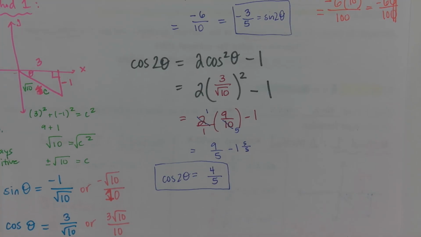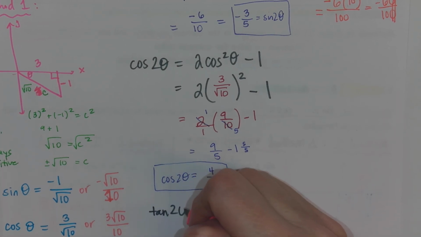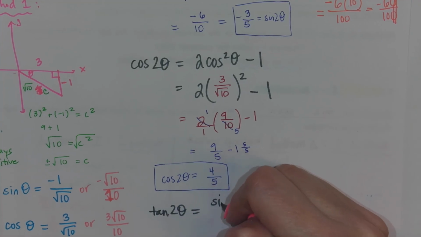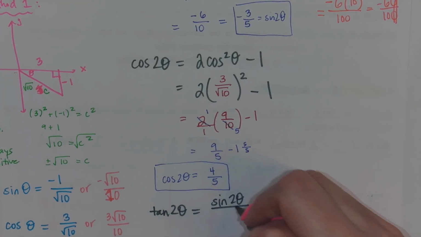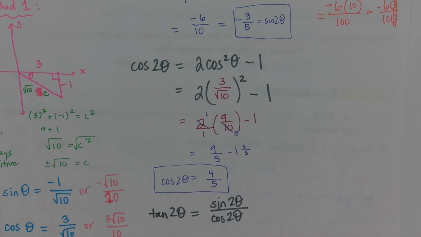All right, now, anytime you are asked to find all three, the sine, the cosine, and the tangent of the double angle, your faster method is going to be this, the sine of 2 theta over the cosine of 2 theta. Sometimes you won't be asked to find all three. You might just be asked to find the tangent.